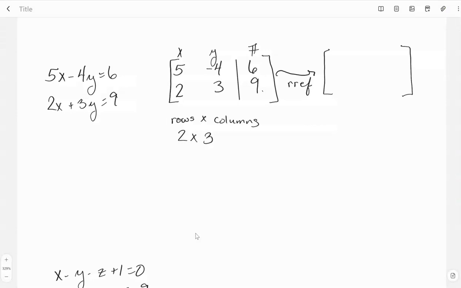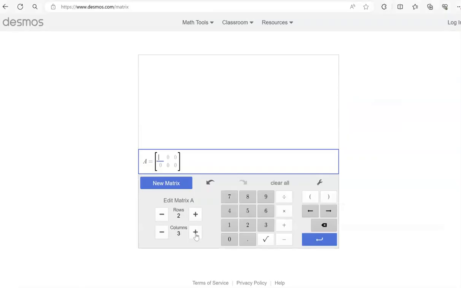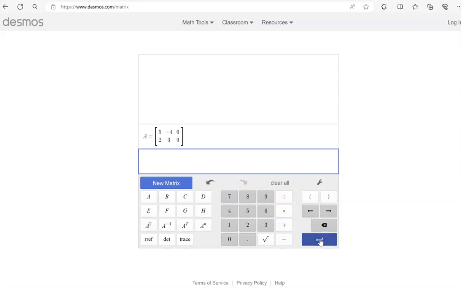So 5, negative 4, 6, 2, 3, 9. So there's my matrix.